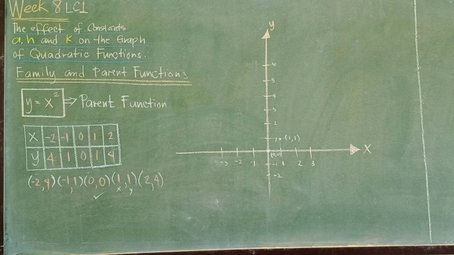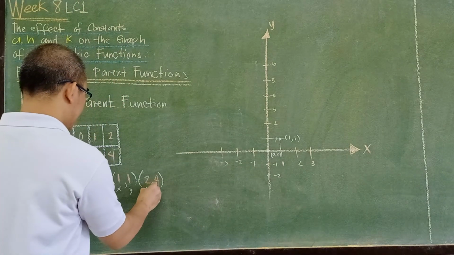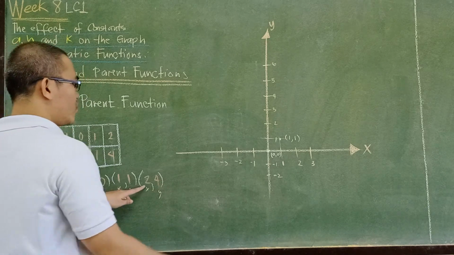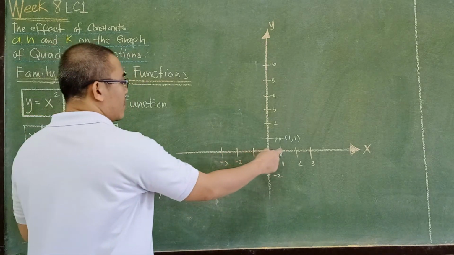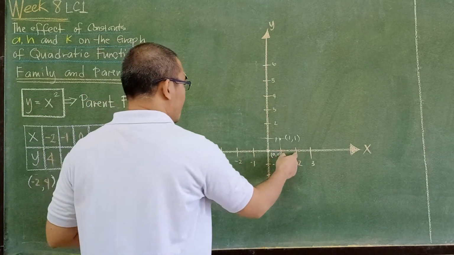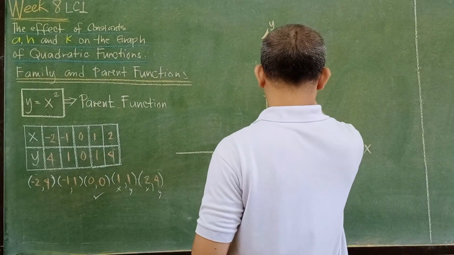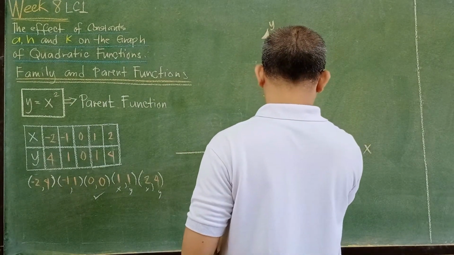Next, yung next point, 2, 4. So, i-plot natin yung 2, 4. Unahin natin yung 2 sa may x-axis. Hanapin natin. So, this will be x, and this is y. So, yung positive 2 is positive 1, positive 2.